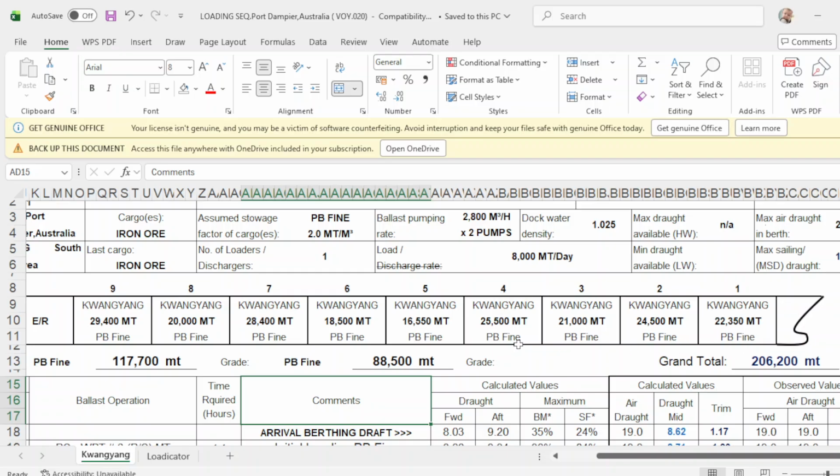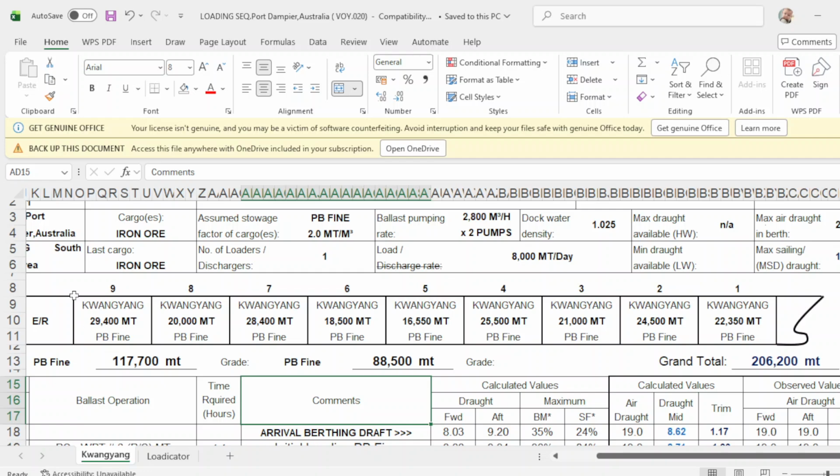So take note, you have a small cargo here, number 5, so that you will have a deflection of 0 or maybe 1%. But according to my computation, the deflection of this vessel is 0.